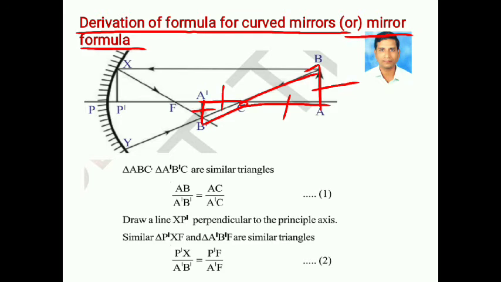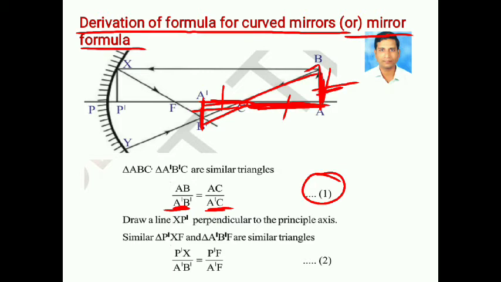That means AB by A dash B dash is equal to AC by A dash C. Consider it as equation number 1.